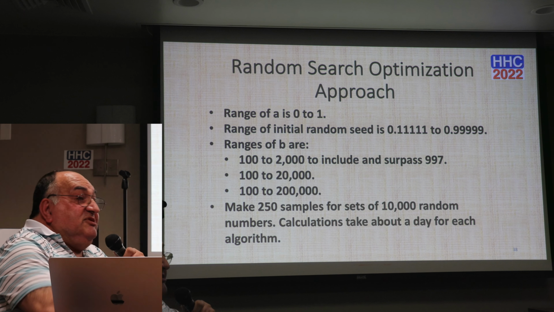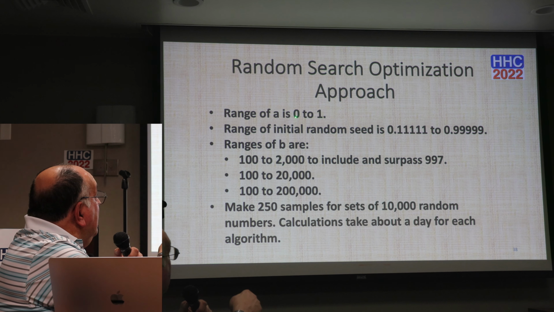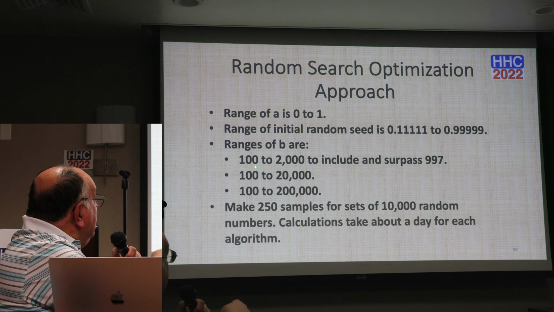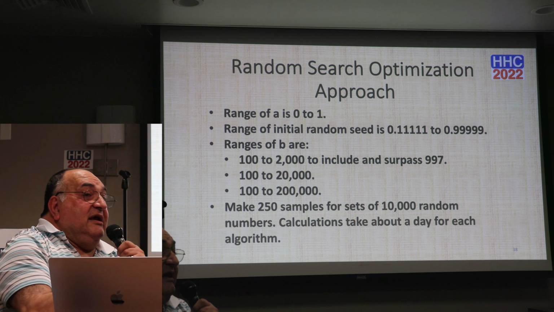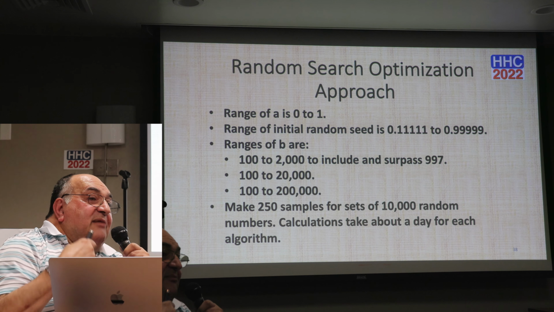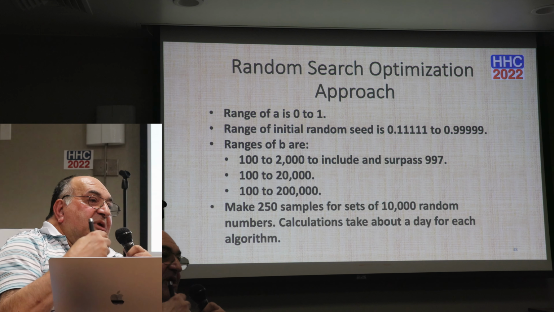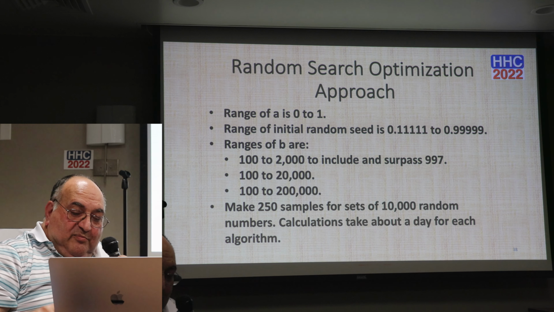Now the random optimization, the random search optimization, we use the same limits, a from 0 to 1 and so on, and then we have 3 intervals for B, same number of samples. Calculations take also long because I made the random search a lot, because it was just searching blind.